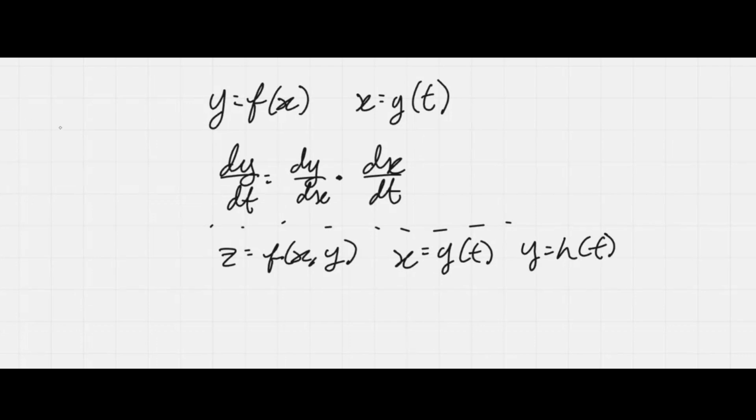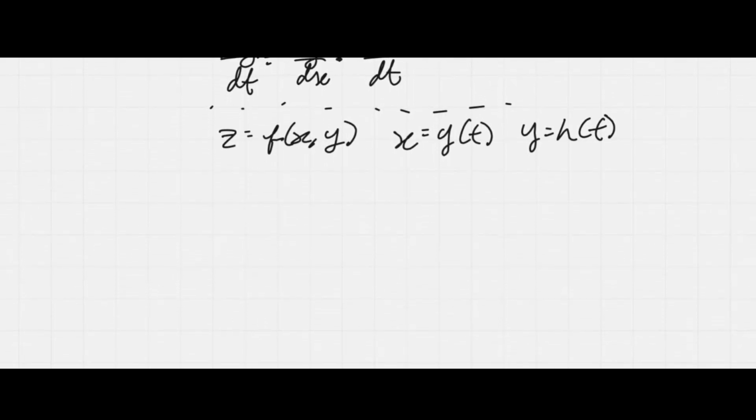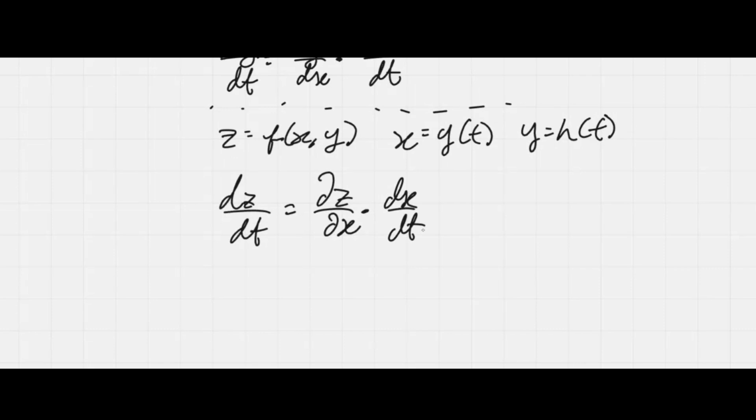And so what might happen then is that in order to find the derivative of z with respect to t, what we're going to have to do is first find the partial of z with respect to x, and then multiply that by the derivative of x with respect to t. We remember the idea of partial derivatives, hopefully from earlier, and we're going to use that idea.